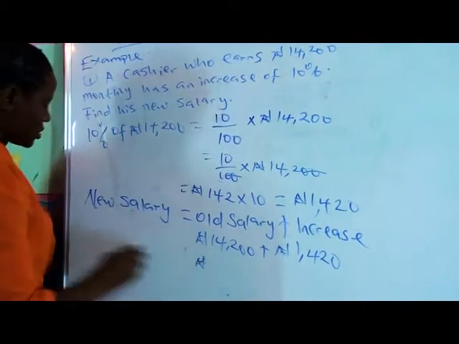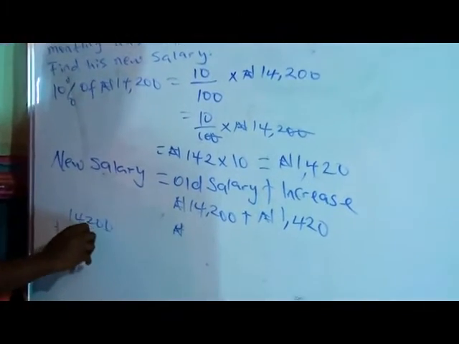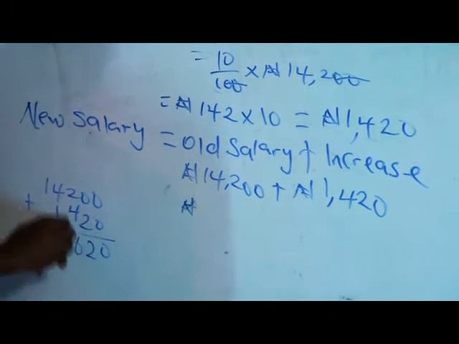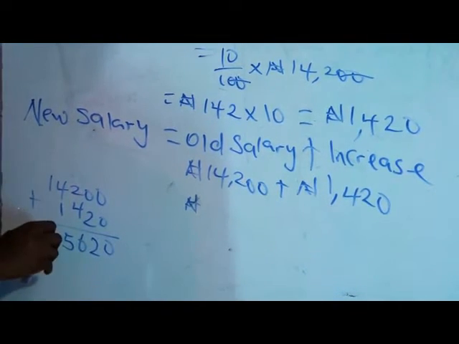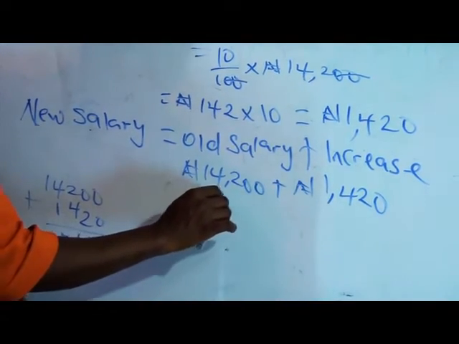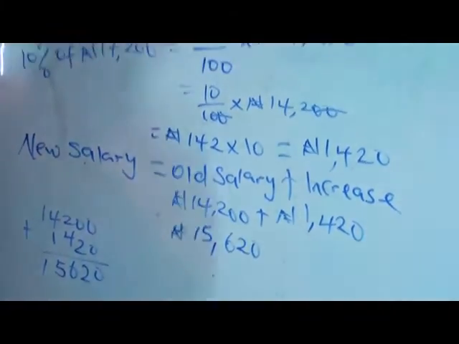So 14,200 naira plus 1,420. 2, 6, 5, and 1. So his new salary would be 15,620 naira. Let's take another example.